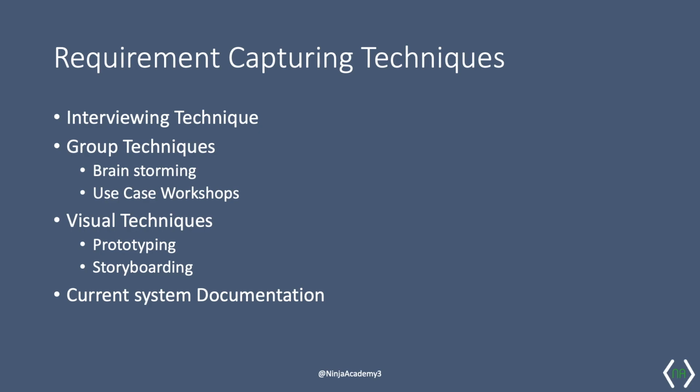Before we get into these individual techniques, let's understand why we need multiple requirement capturing techniques. The reason why we have multiple capturing techniques is because there are different types of requirements. For example, an income tax calculation system consists of taxation rules which are clearly defined, documented, and those are stable requirements. So most of the requirements for such a system are likely to be conscious.